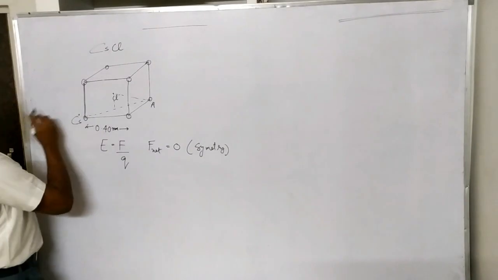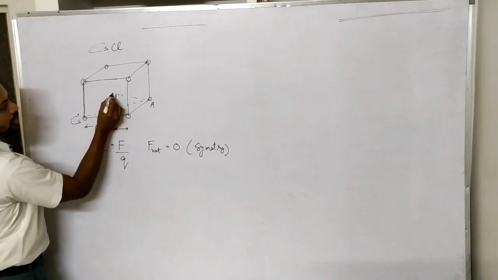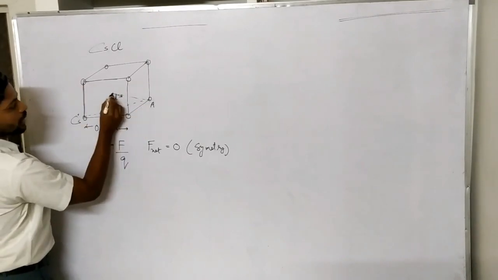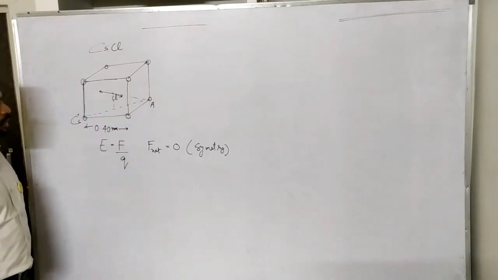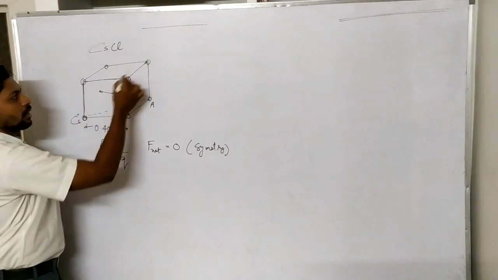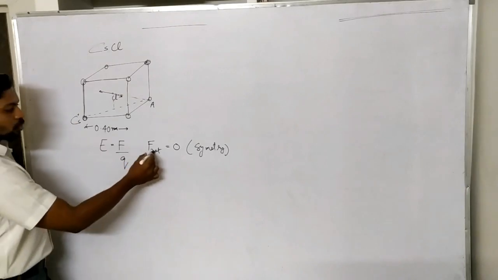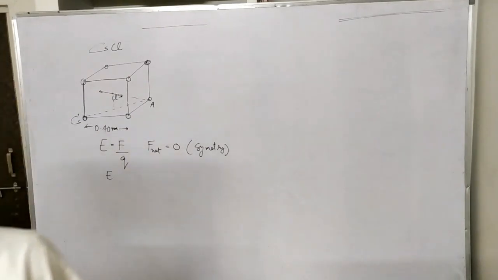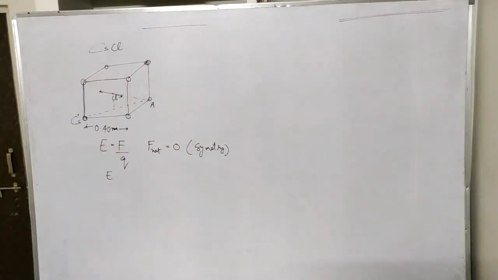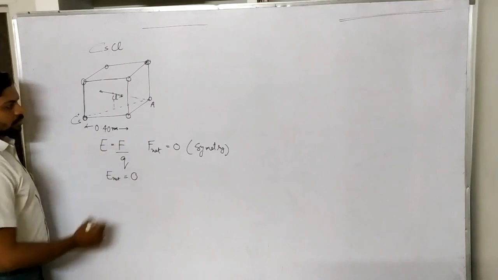For example, the force experienced by chlorine due to this one is acting in this direction, and due to this it is acting in the opposite direction, and the distance is also the same, so the forces cancel out. Similarly this ion and this ion cancel out their forces on chlorine, so the net force will be 0. So the net electric field is 0 at the chlorine ion.